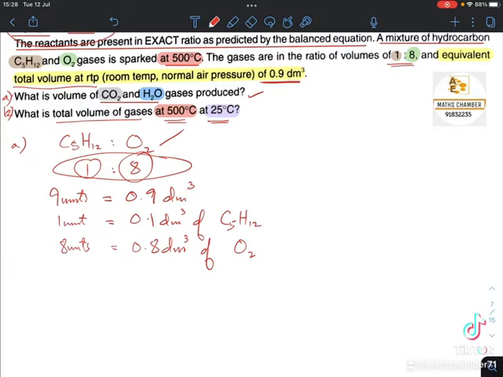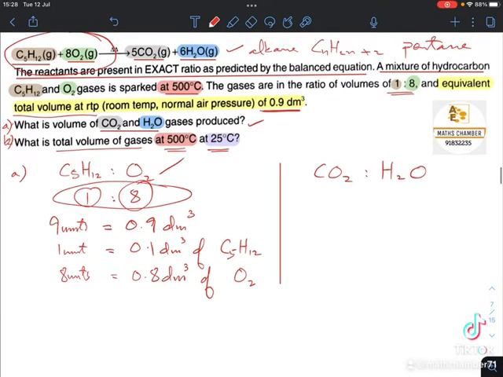From the balanced chemical equation, your carbon dioxide, CO2, is 5 units and your water, H2O, is 6 units.